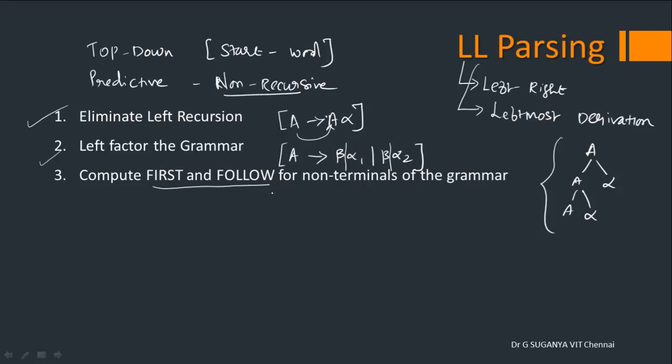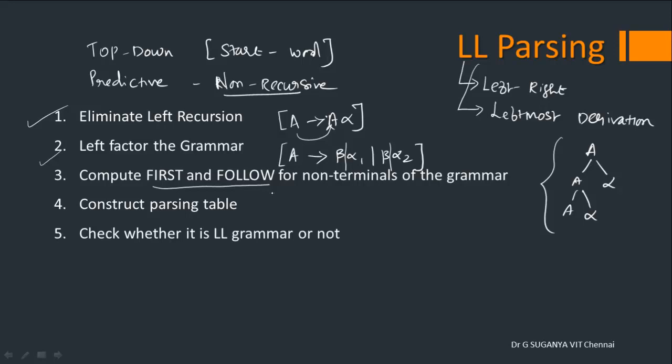The meaning itself tells that once it is computed, we can move on to constructing the top-down parsing table, which is the LL parsing table. Once done, we have to check whether the grammar is an LL(1) grammar or not. Only if it is an LL(1) grammar can you proceed; or else you have to choose a different parsing method for this particular grammar.